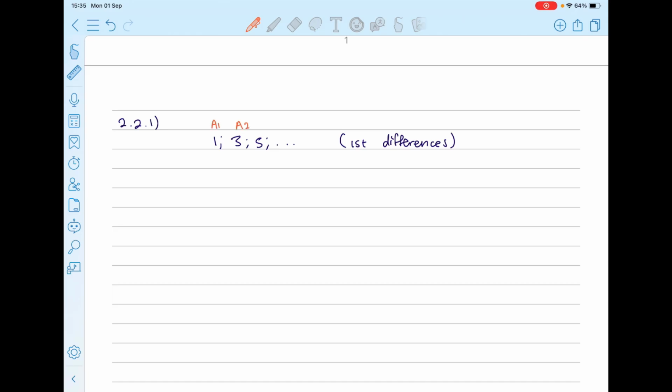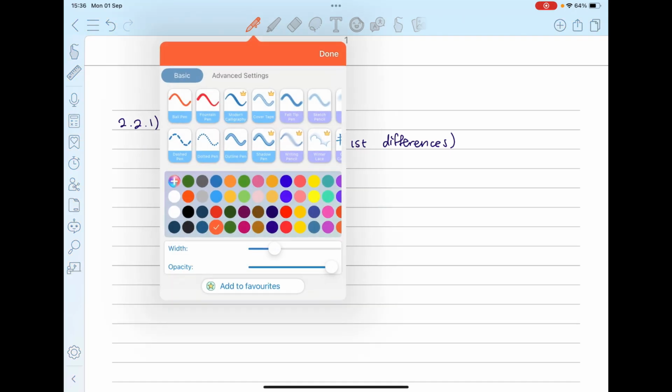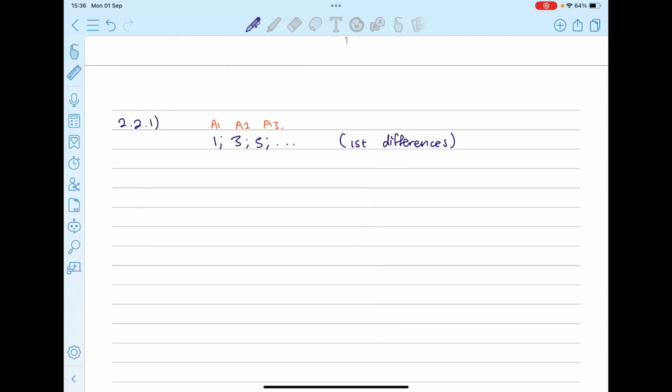So it'll be A1, A2, and A3. So since this is the first differences, we can then produce a general term that will allow us to determine the difference between two quadratic terms. Okay, so that would be An is equal to a plus n minus 1 multiplied by d.